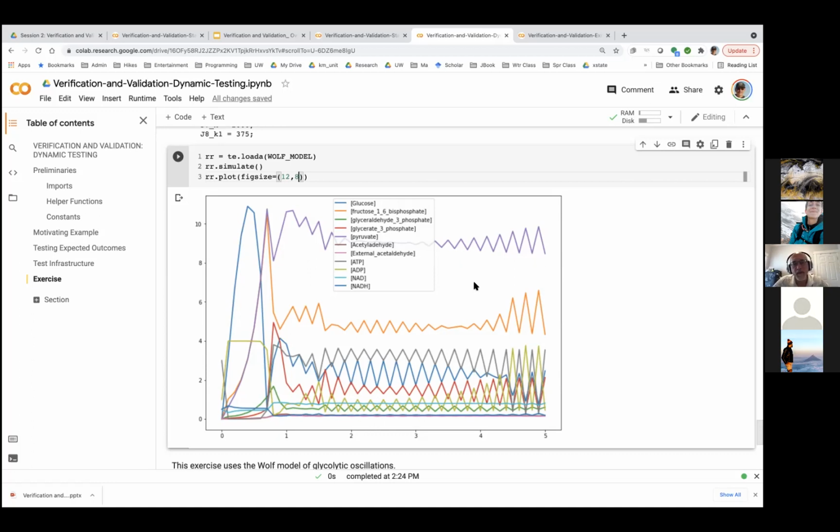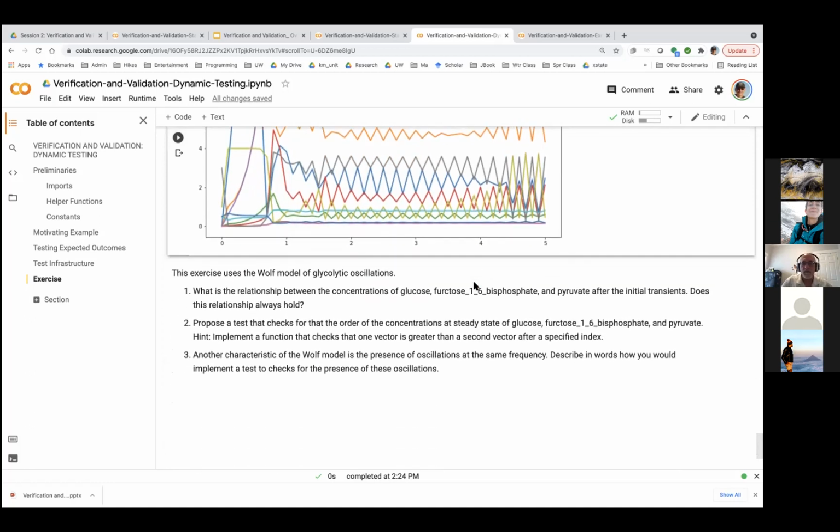Most likely, what I recommend is the fast Fourier transform. So rather than getting that detour as part of this effort, because this is really about the dynamic testing, I'm going to use a simpler one, and that is this relationship between the magnitudes of the different metabolites. So that's what I suggest down here.